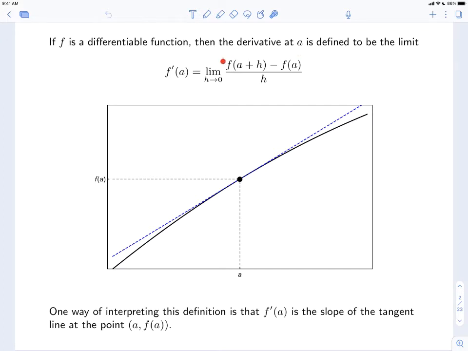So we can think of this difference quotient as the slope of a secant line. And as we compute the limit as h goes to 0, those 2 points on the curve get closer and closer together. And we think of f prime of a as being the slope of a tangent line at the point where x is equal to a and y is equal to f at a.